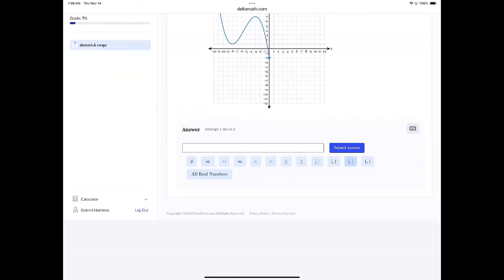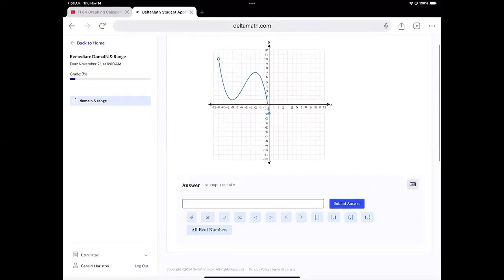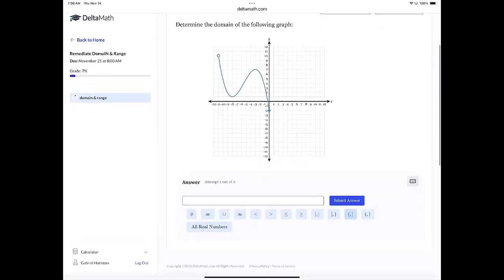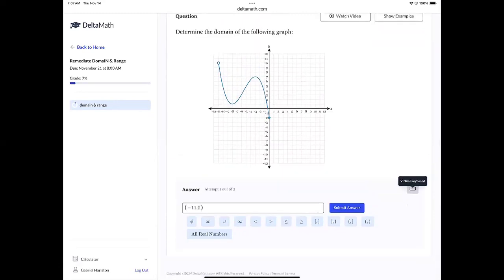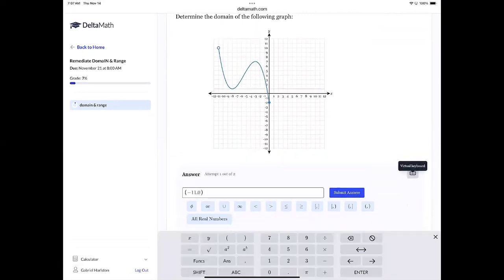This one right here, I'm trying to click on it, but it's not doing anything. What's going on? Okay, I'm going to do it the old school way. I'm going to use this. So this is going to be -11 all the way over to 0, and then I need to use a bracket. Where is the virtual keyboard?